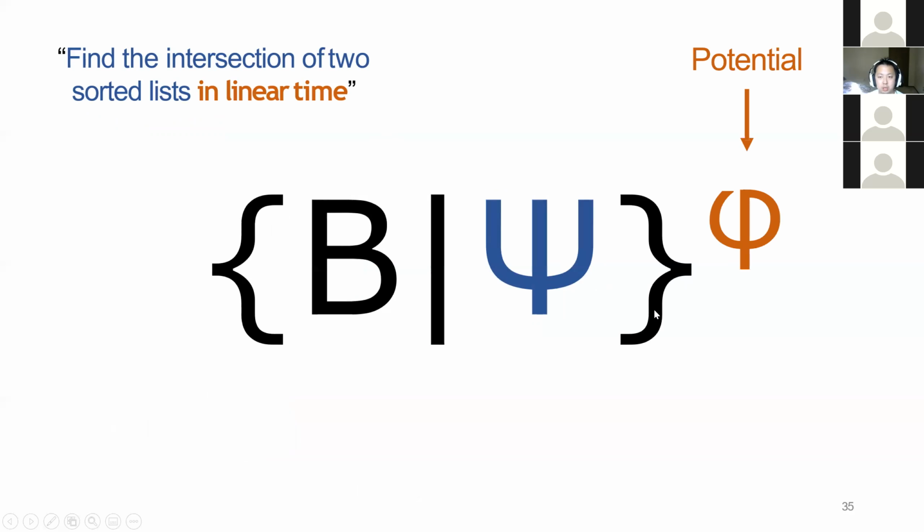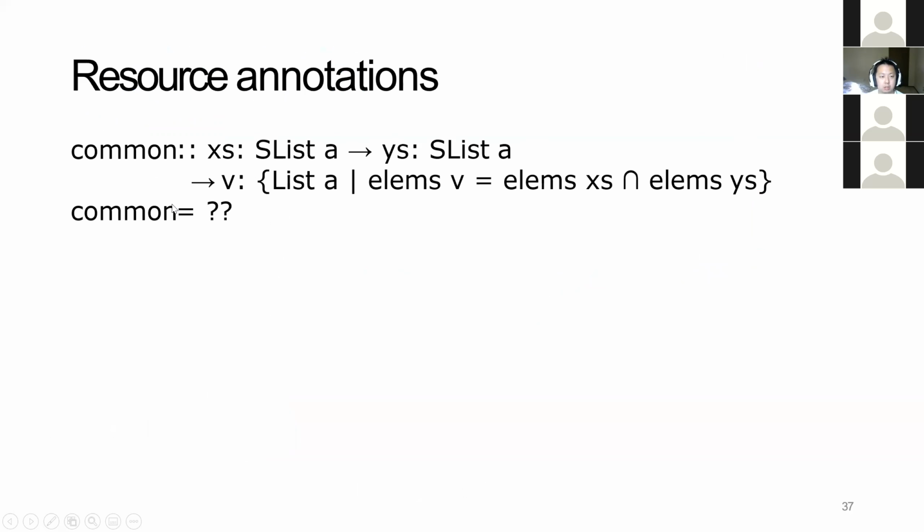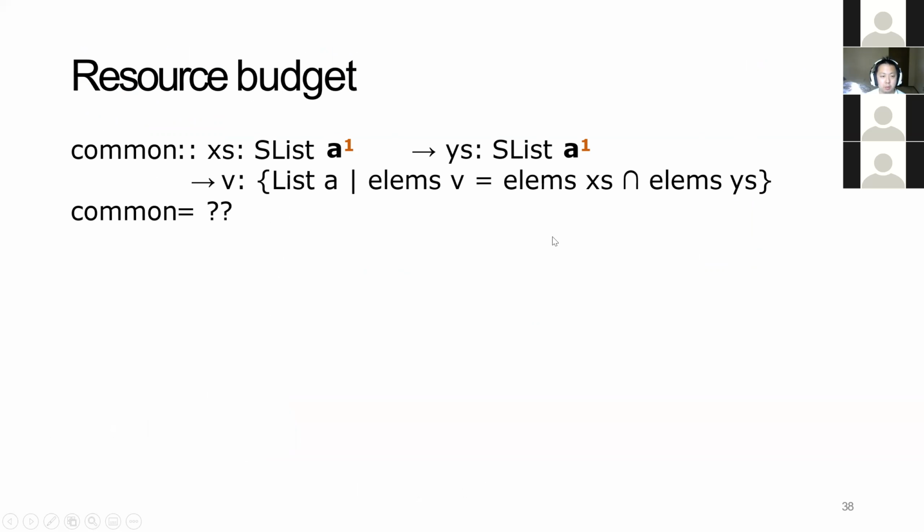The idea is that we add a potential to the refinement type, the potential phi here. Let's see an example. This is still finding the intersection of two given sorted lists. Now, instead of finding an arbitrary solution, the user may say, I assign one potential to the list xs and one potential to the list ys, which means these notations represent the resource we can use in the implementations.